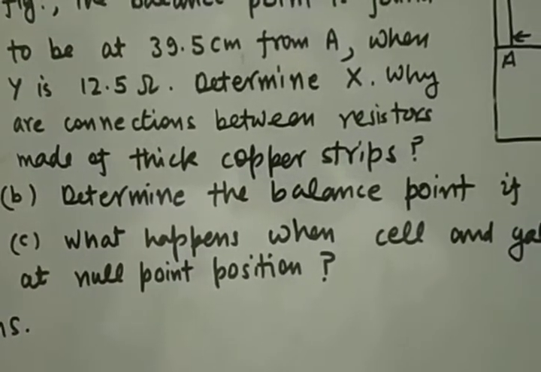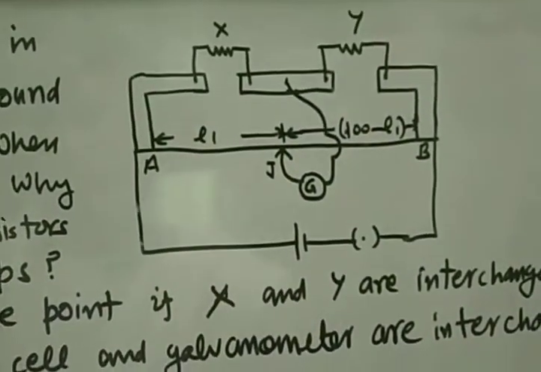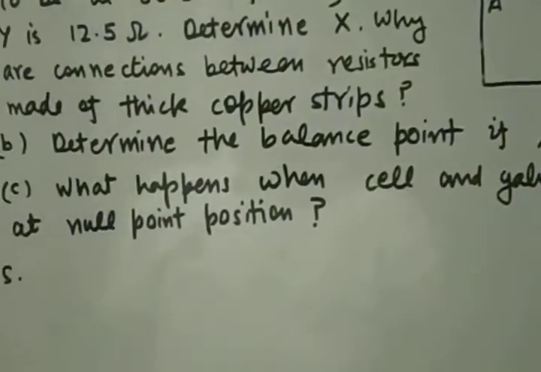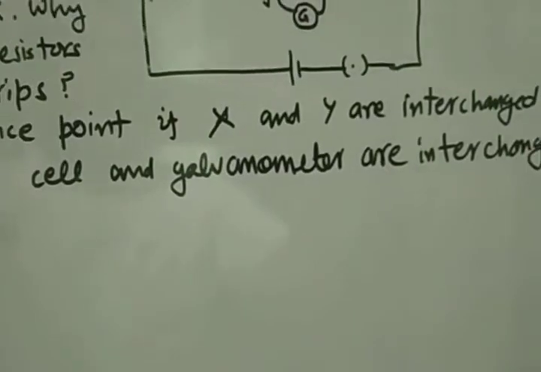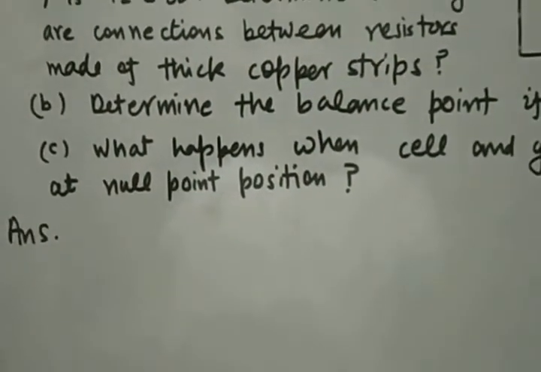B part is determine the balance point if X and Y are interchanged, means X on right side and Y on left side. And C is what happens when cell and galvanometer are interchanged at null position.